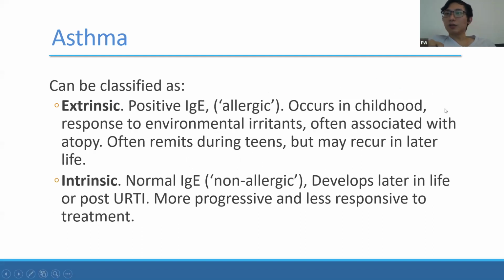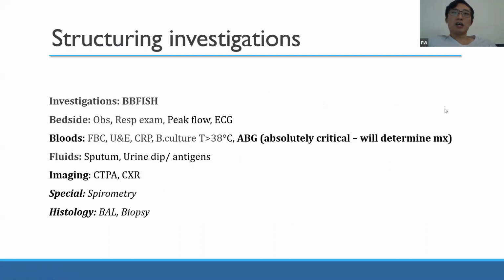Okay, so we got some questions. Do I run imaging and special requests by your SHO first? Well, order a chest x-ray anytime. As an F1, literally just order that. When you're clerking people in, you should just be ordering these basic investigations.